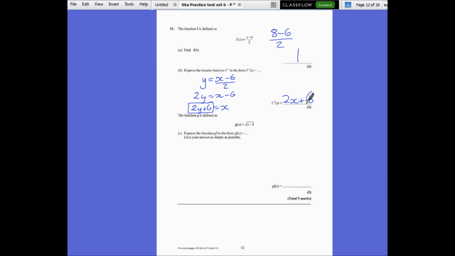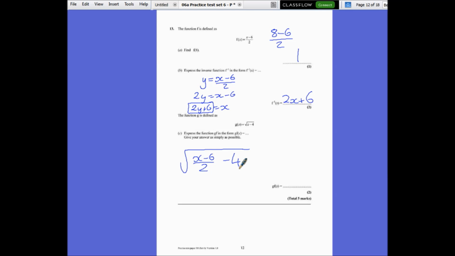The function g is defined as g of x equals the square root of x minus 4. Express the function g of f in the form g of f of x equals whatever you're after. So all that means is you want to put the function f of x into g of x. So we know that the square root of x minus 4 is the function g of x. We want to drop x minus 6 over 2 into that in place of x.